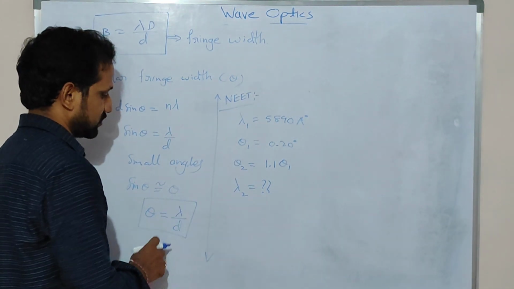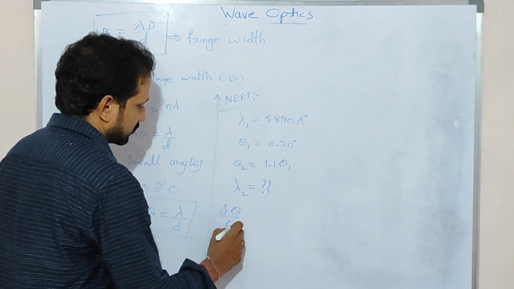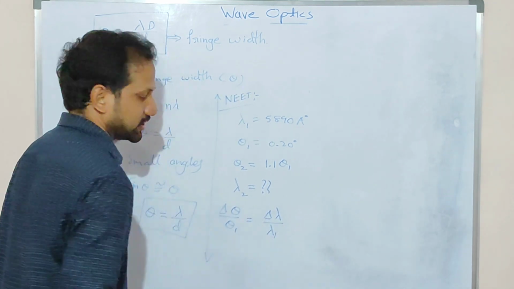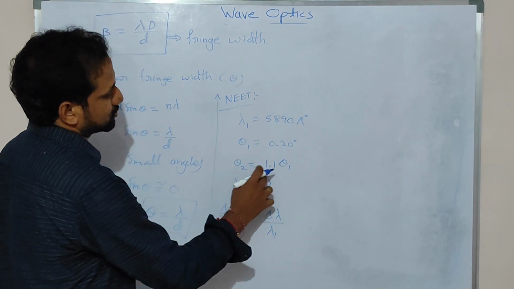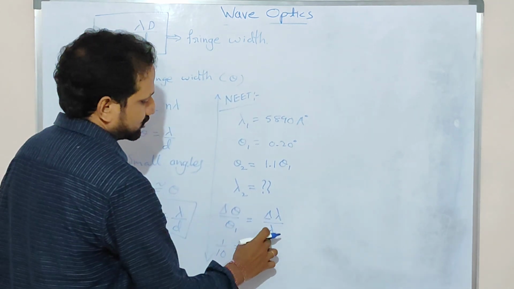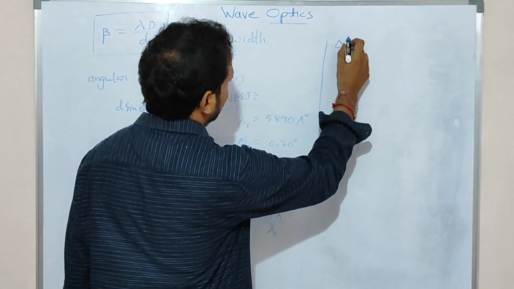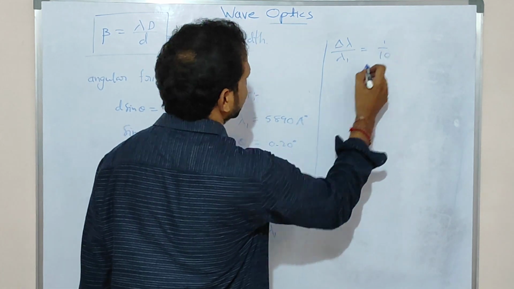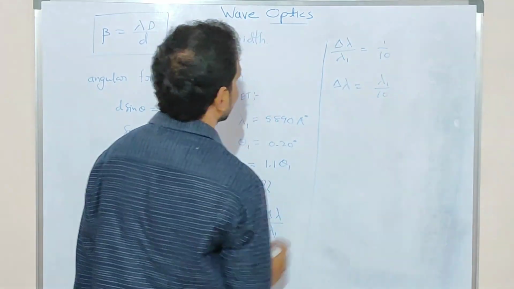Since theta is proportional to lambda for a constant small d, we can say the fractional change in theta equals the fractional change in the wavelength, right? The fractional change in theta is 10%, so 1 by 10 equals the fractional change in the wavelength we need to find. So del lambda by initial lambda equals 1 by 10, then del lambda equals lambda 1 divided by 10.